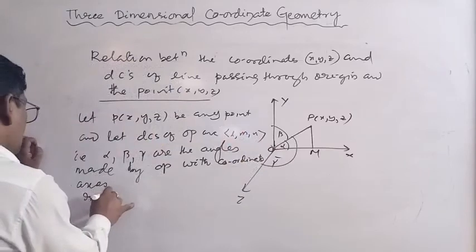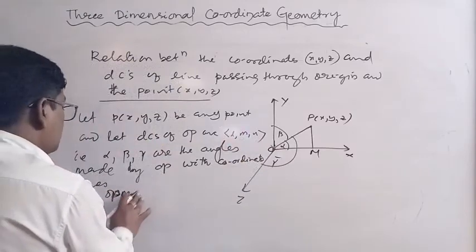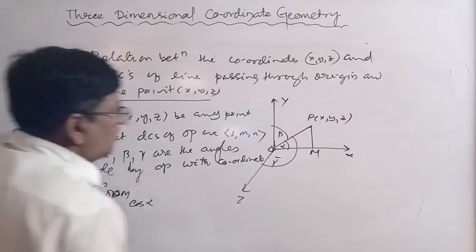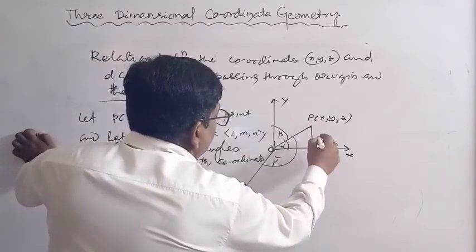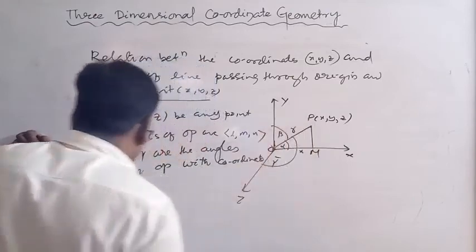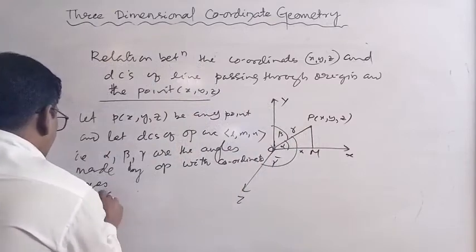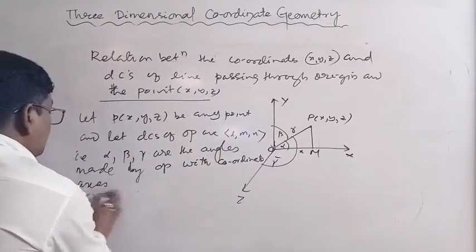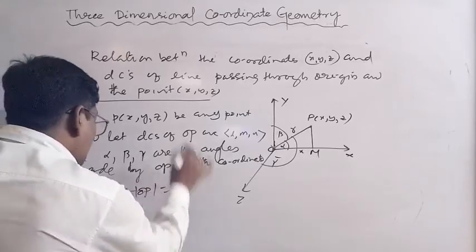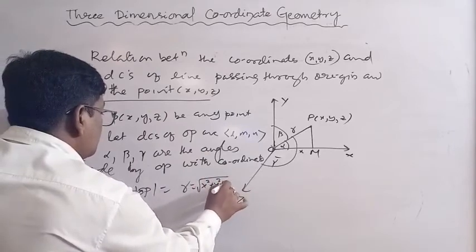In triangle OPM, what is cos alpha? This side is x, and suppose OP length is equal to R. R means root over x square plus y square plus z square.